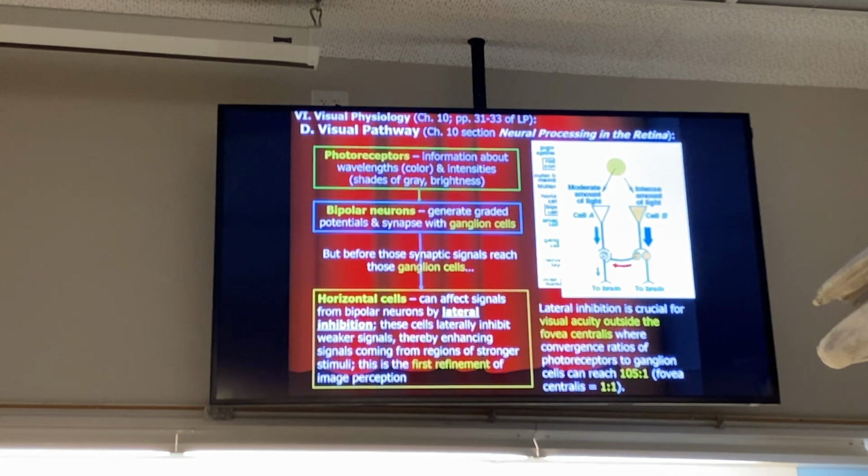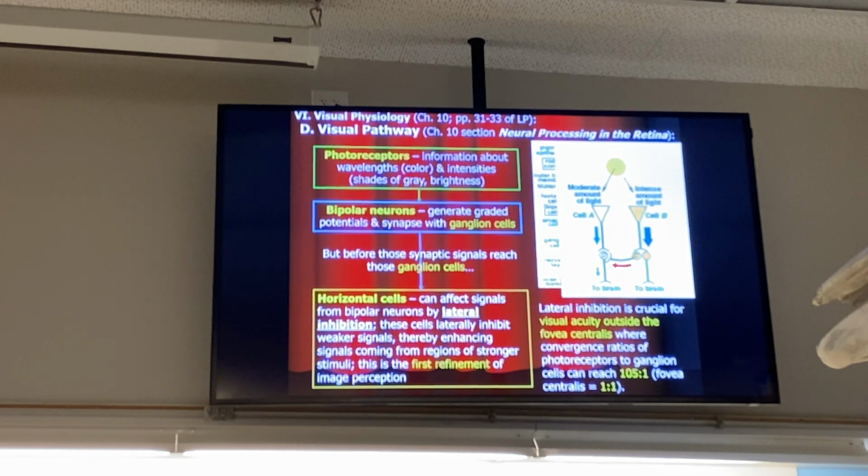Okay, so photoreceptors go to bipolar neurons. Bipolar neurons are going to go to ganglion cells, but before I do, that's why I'm talking about horizontal cells. Horizontal cells do this thing called lateral inhibition. Lateral inhibition is taking out signals that are weaker so that only the strong signal goes through. This is a form of refinement that neurologists recognize as a CNS process.